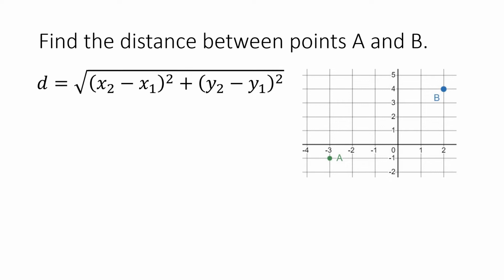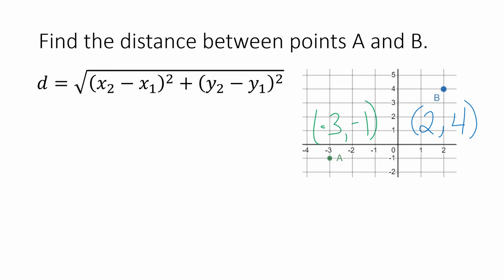The first thing we're going to do is find the ordered pair for point A. Point A is located here on the graph at -3, -1. Point B is located on the graph at 2, 4. What we're going to do is label our points as x1, y1.